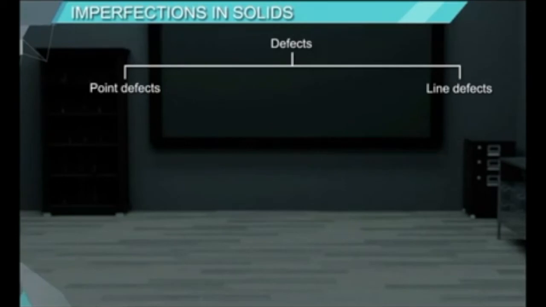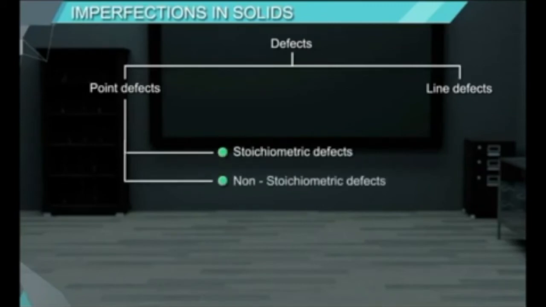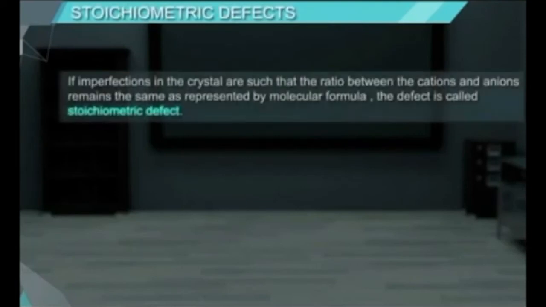The point defects can be further classified into stoichiometric defects, non-stoichiometric defects, and impurity defects. Stoichiometric defects: if imperfections in a crystal are such that the ratio between the cations and anions remains the same as represented by the molecular formula, the defect is called stoichiometric defect.